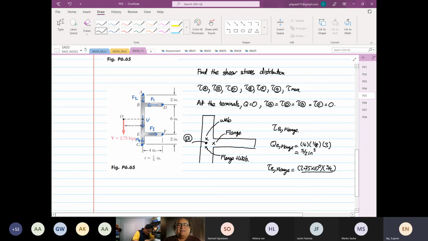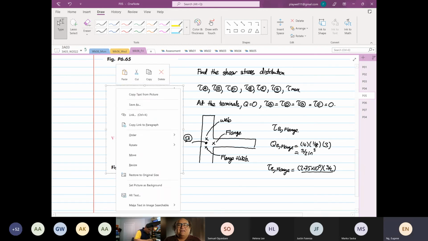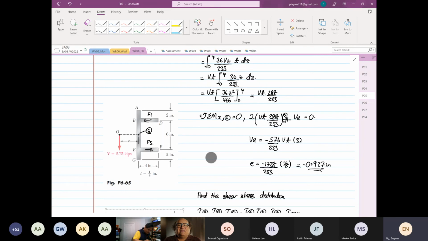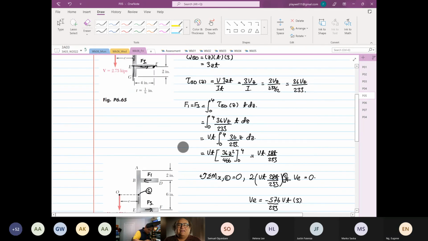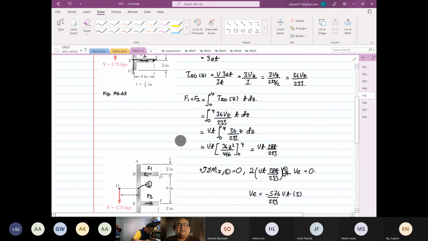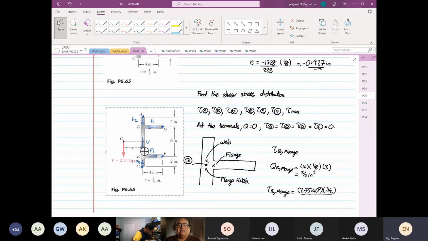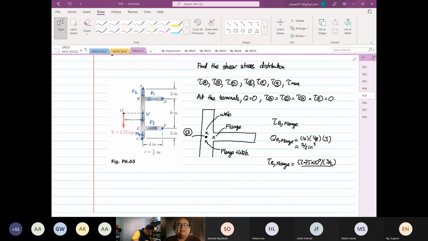I is equal to 233 over 12, by thickness 1 over 8.